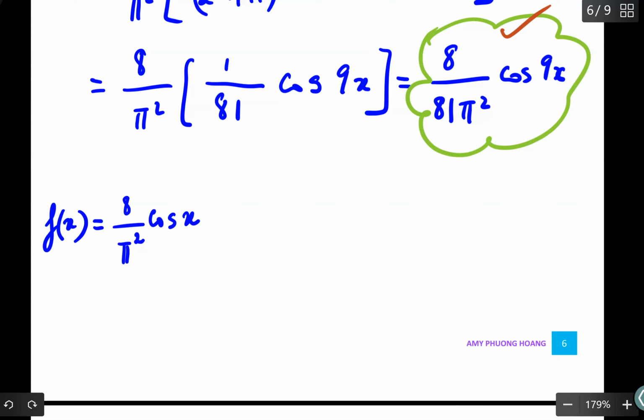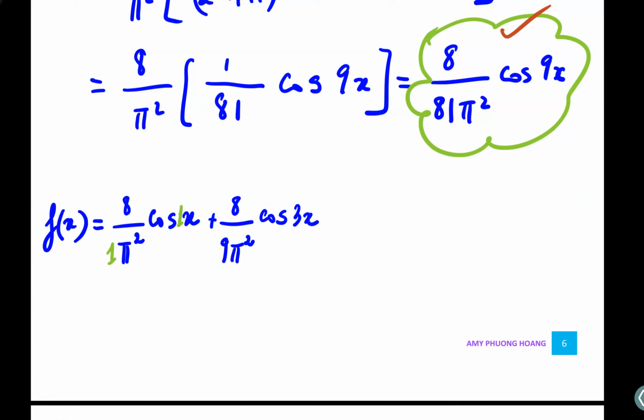I want you to note that this is the 1 and this is the 1, and I'm going to add that with another 8 over 9 pi square cos of 3x. Now you see this one is the square of 3.